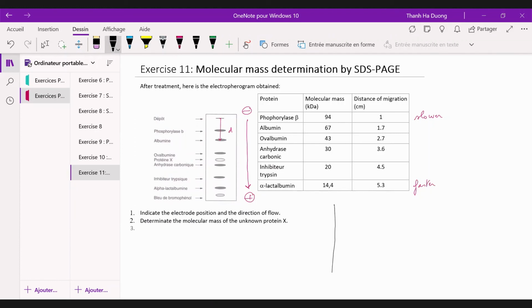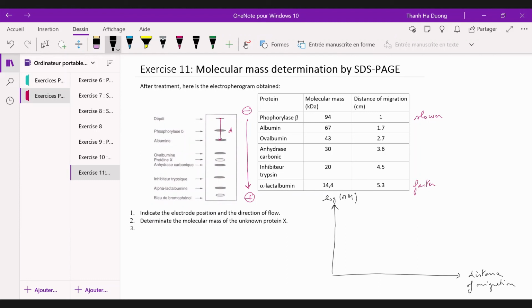In the same way, you have to plot the logarithm of the molecular mass against the distance of migration. I will make the correction next week.